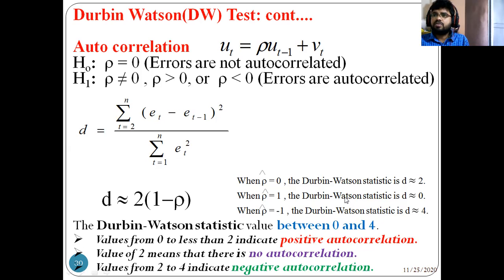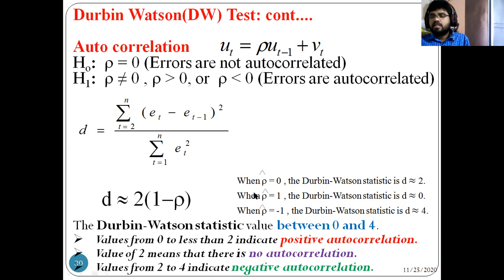They will ask such questions in UGC NET and SET also. They may ask: if the DW test value is approximately 2, the estimated coefficient of rho would be 0, 1, plus 1, minus 1, or more than 1.